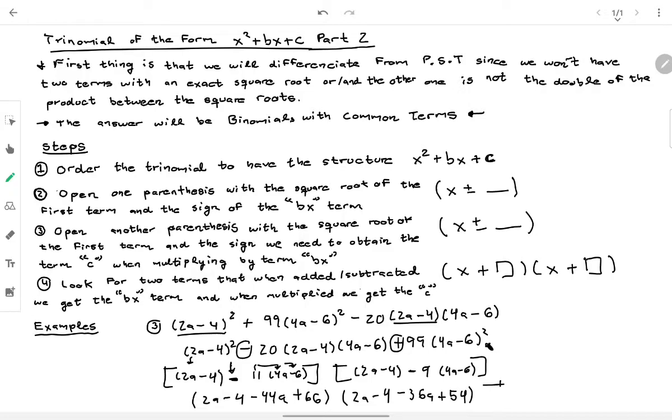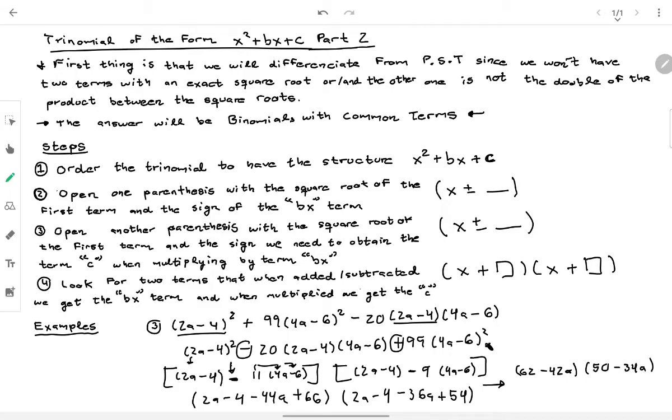So in the first parenthesis it's 66 minus 4, it's going to be 62, minus 42a, and in the other one it's 54 minus 4, it's 50, and in the case of the letters it's minus 34a.